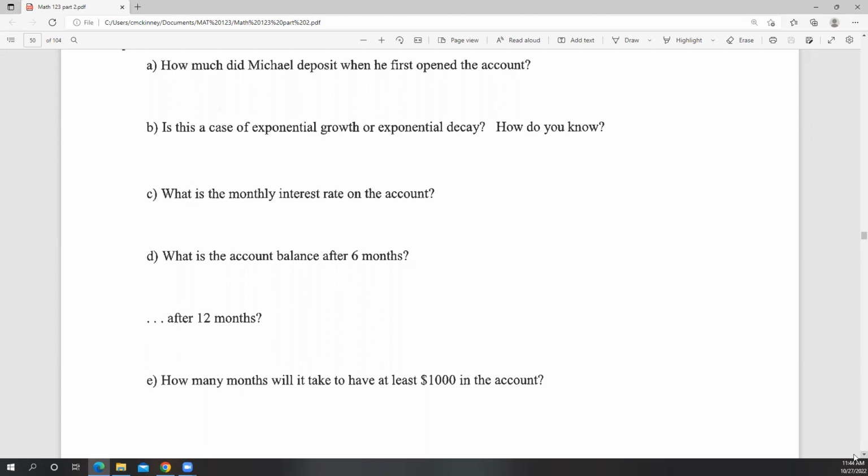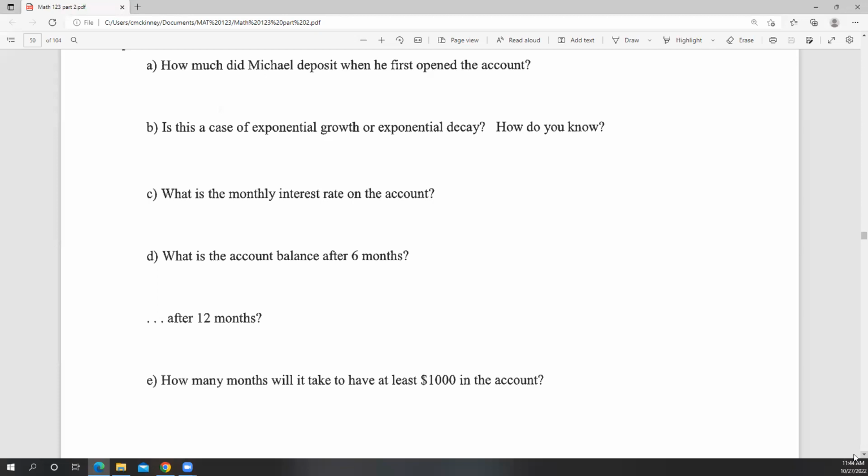So how much is in the account after 6 months? Notice this gives us the entire amount in the account. It doesn't give us how much interest he makes. 992.68.